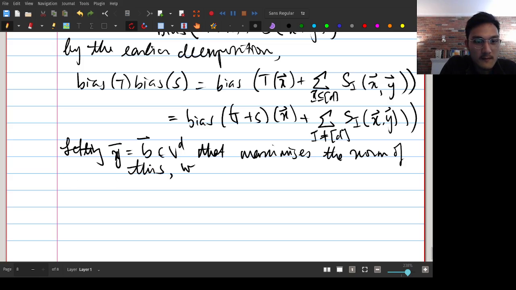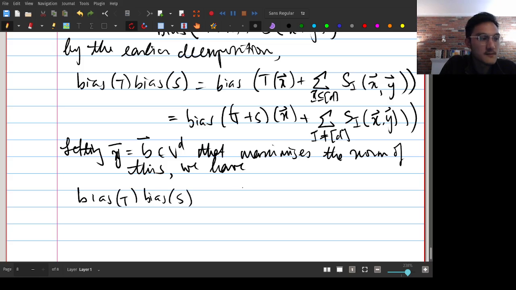We have, so let's see, the bias of t, the bias of s for this b is less than the norm of the bias of t plus s. What have I done?